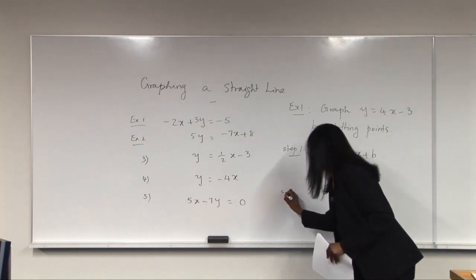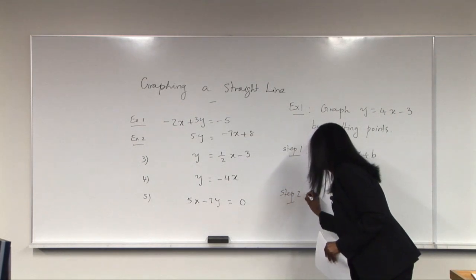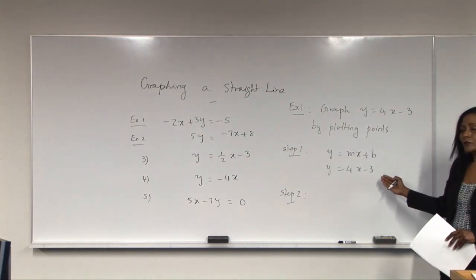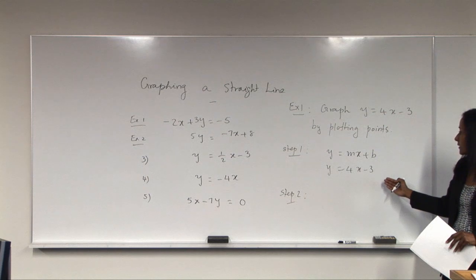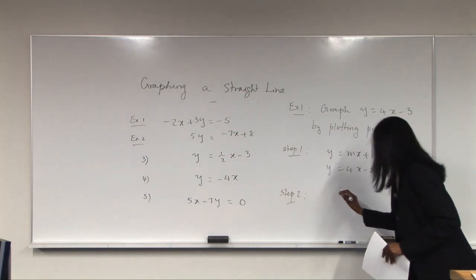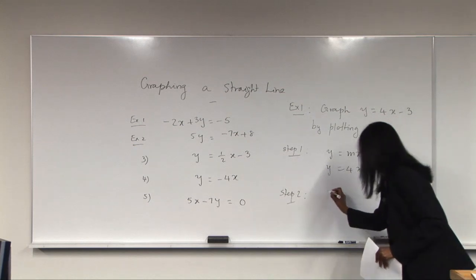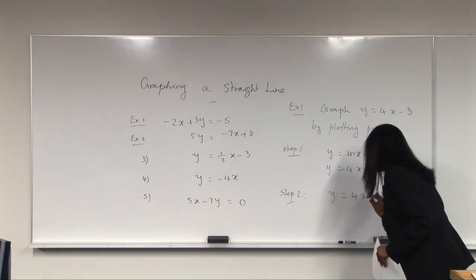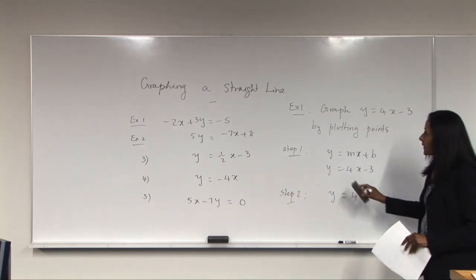And then step number 2, we are going to find 3 ordered pairs using this equation. So those are going to be the solutions for this equation. How to find the 3 ordered pairs for this equation?